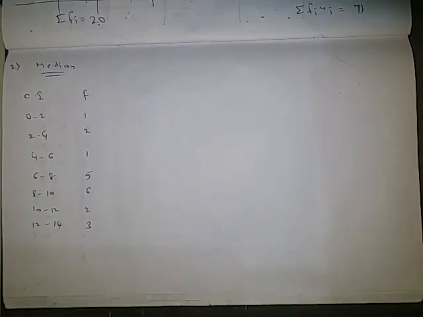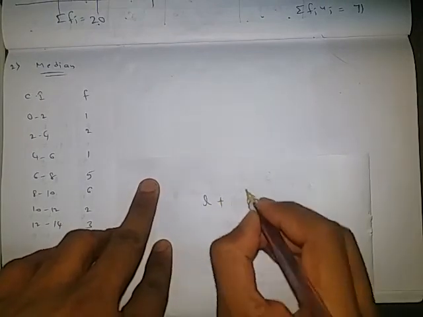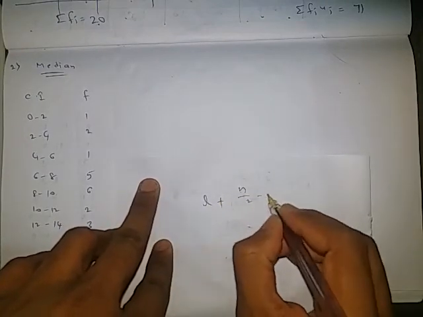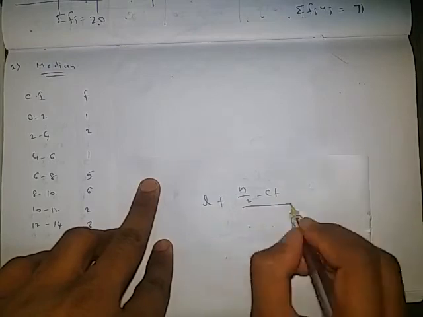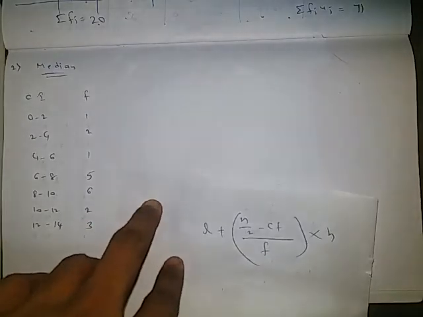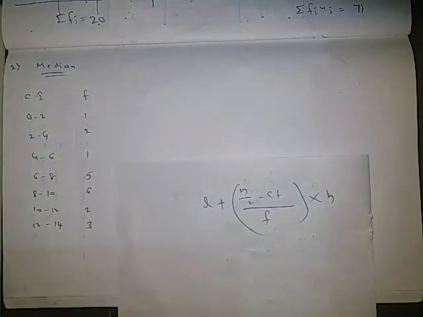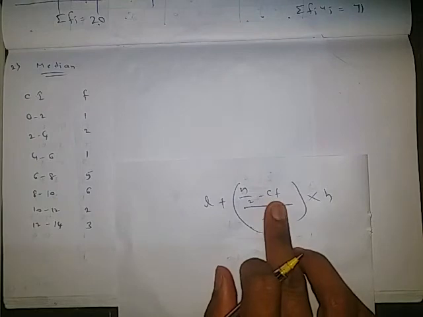Median. The first thing we need to check is the median formula. Median formula is L plus (n by 2 minus CF) by F into H. So here clearly we know CF is there.